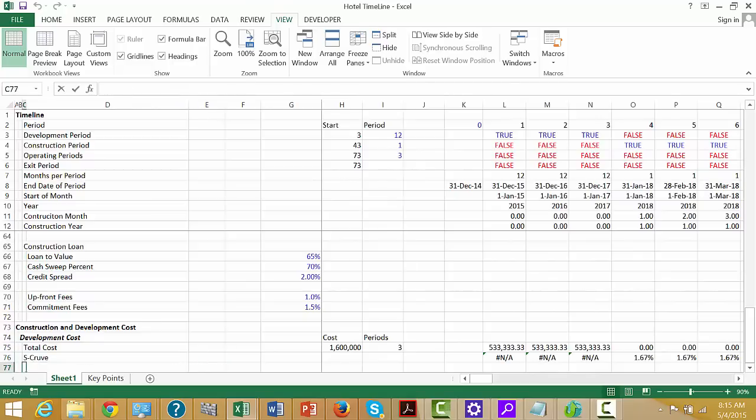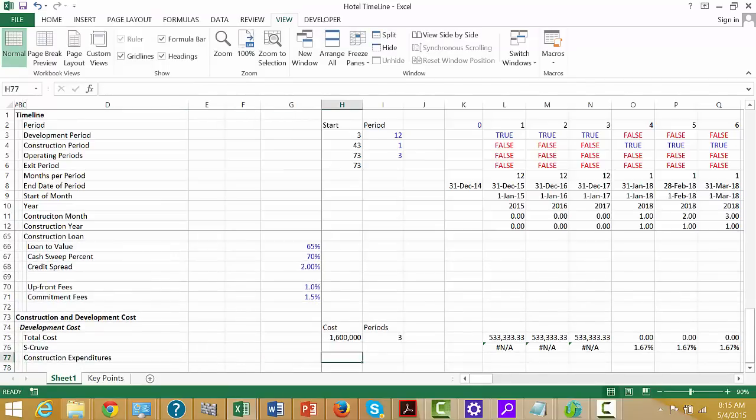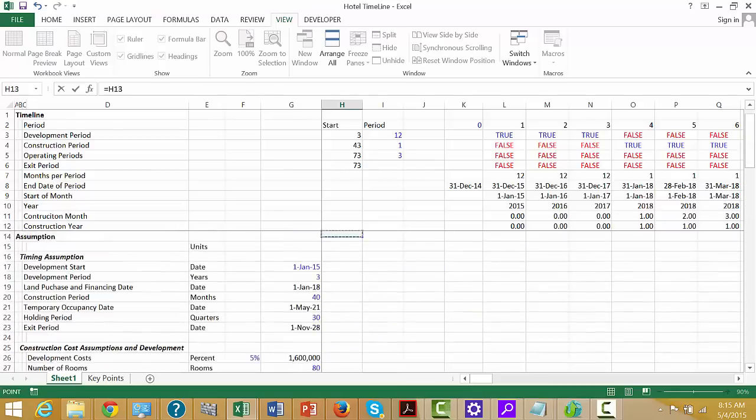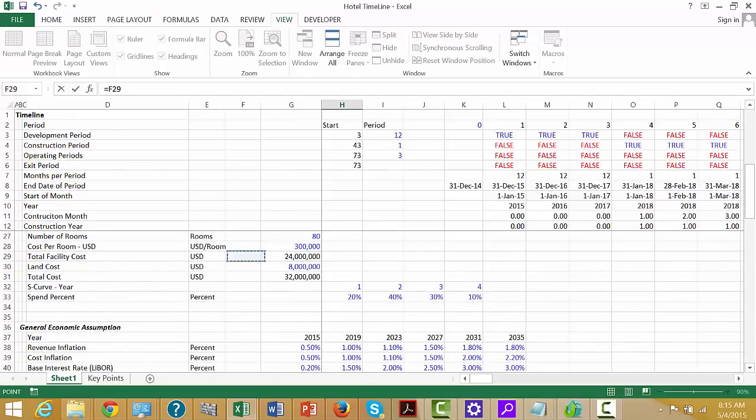And then let's put our construction costs, expenditures, and there we put the construction expenditures here.